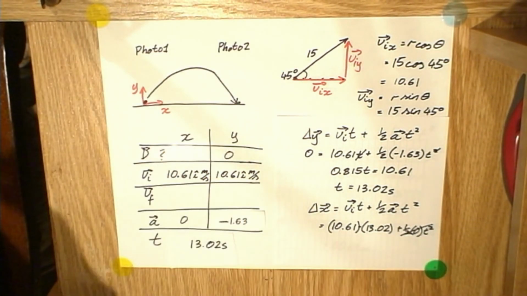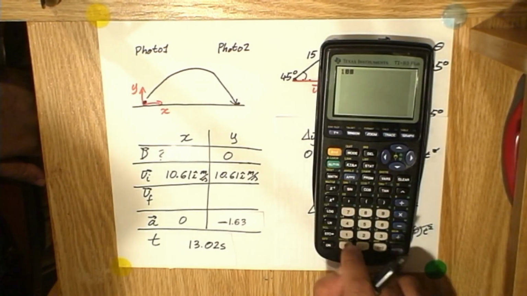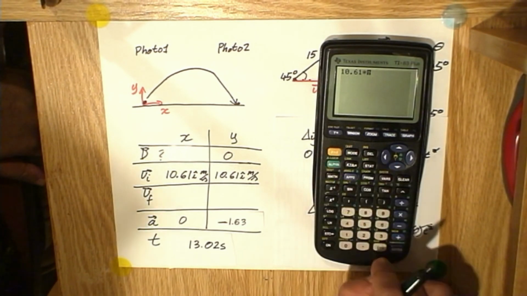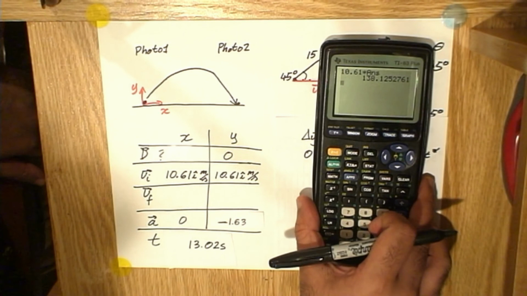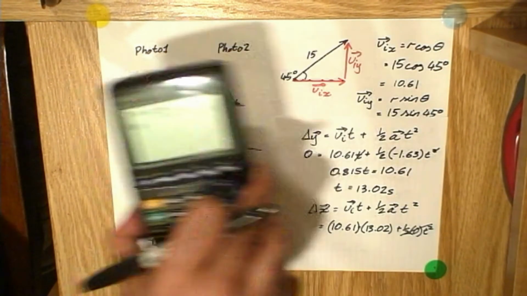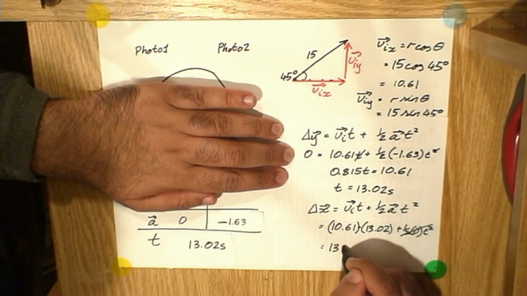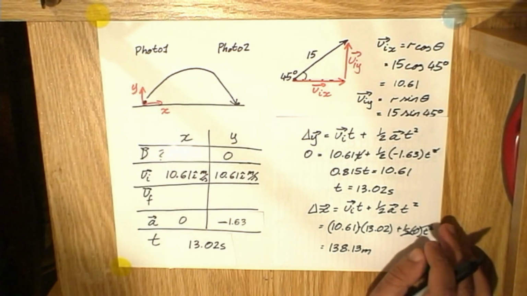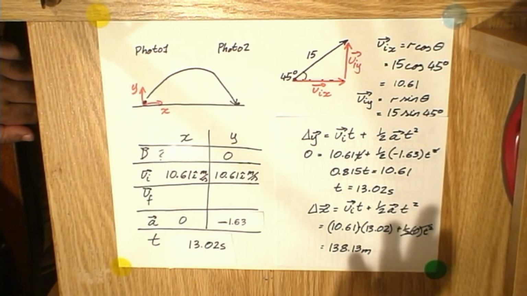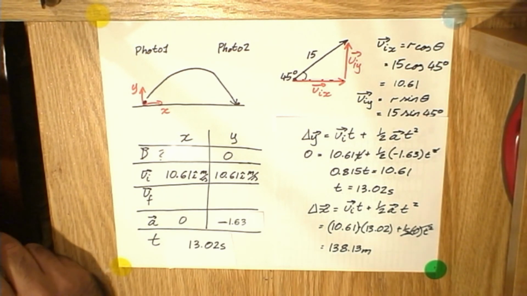This entire term is going to cancel out. So 10.61 times this answer of 13.02 gives us 138.13 meters. So that is the distance, that is the displacement, rather, of the soccer ball when it is kicked on the moon.